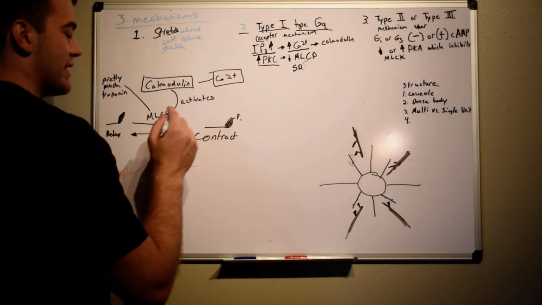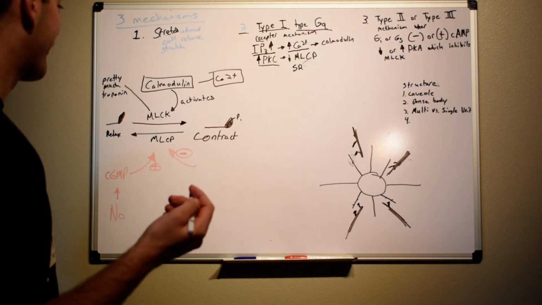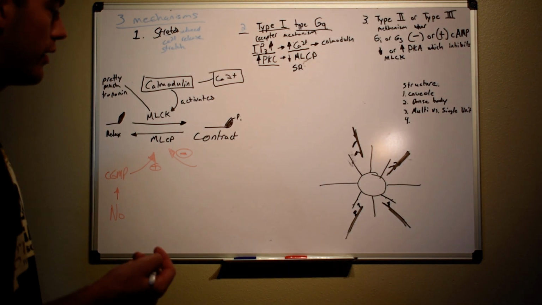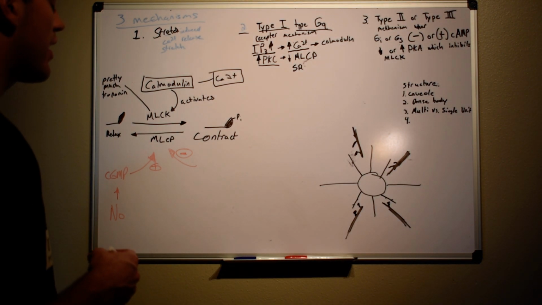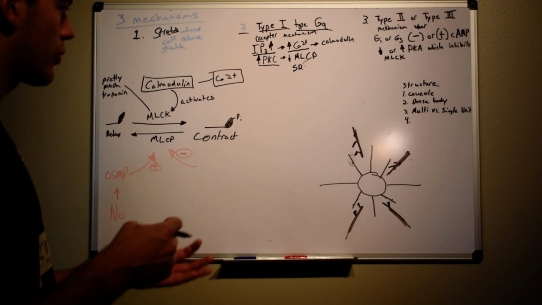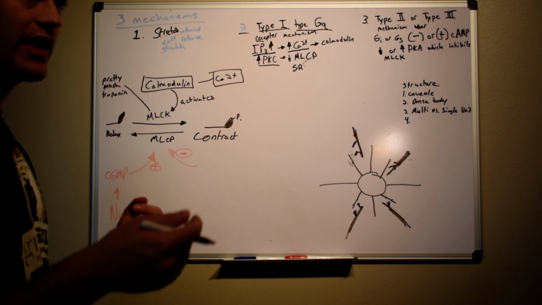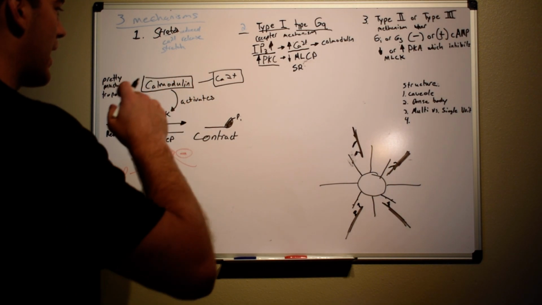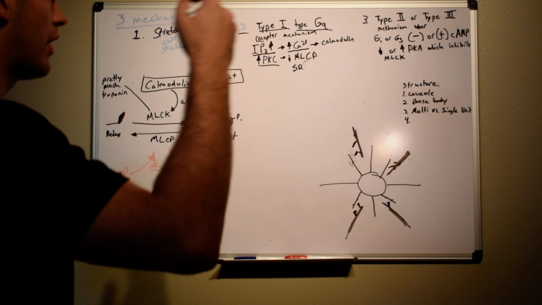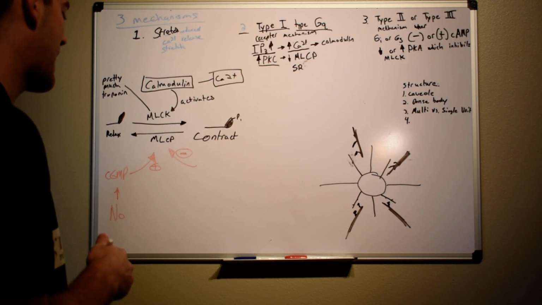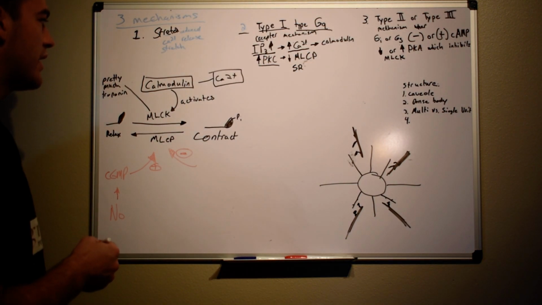So what's a kinase do? A kinase puts a phosphorus group on something, right? So in skeletal muscle, our rate limiting step was, okay, do we have enough calcium to go ahead and uncover our binding sites from actin? In this, it's going to be similar.